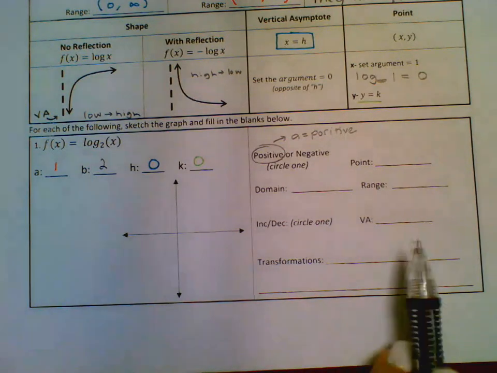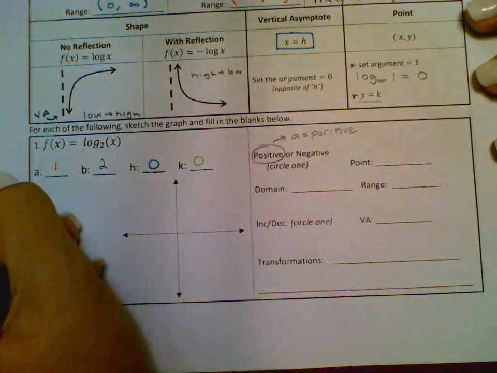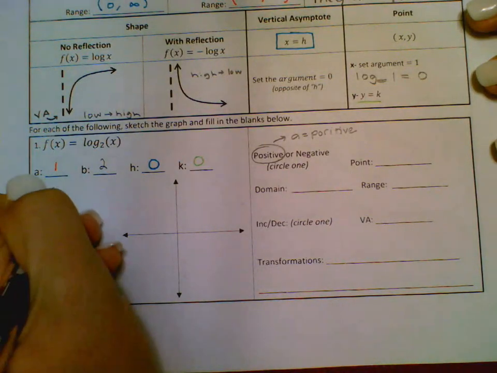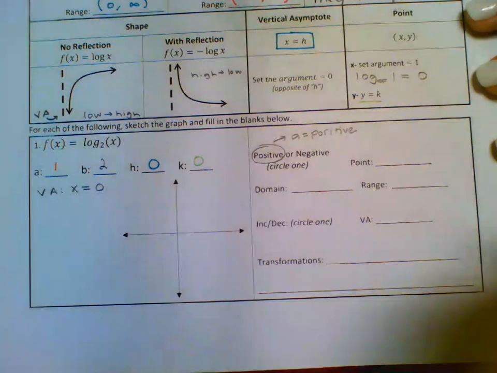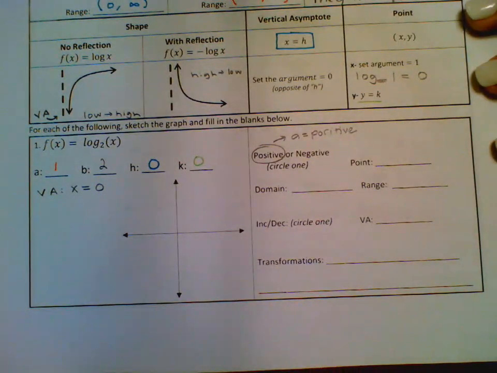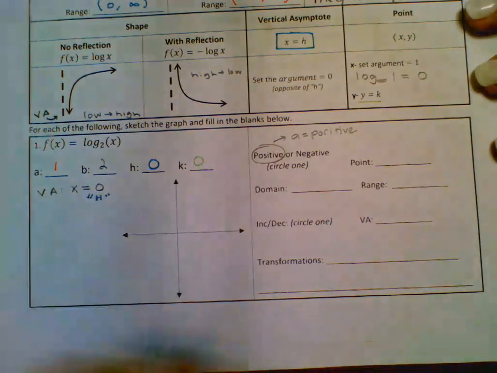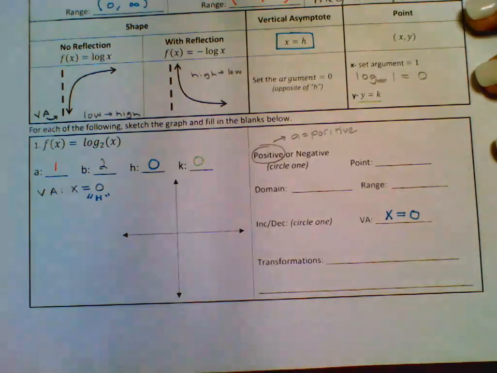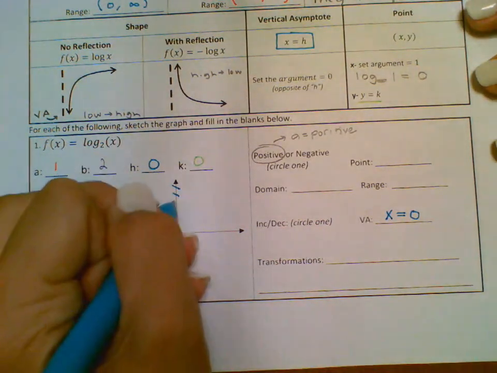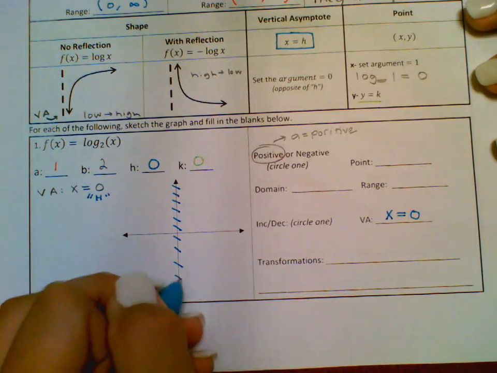When I look at my vertical asymptote, it is x equals 0 because it's my h value. So the vertical asymptote comes from your h value. In this case, 0.